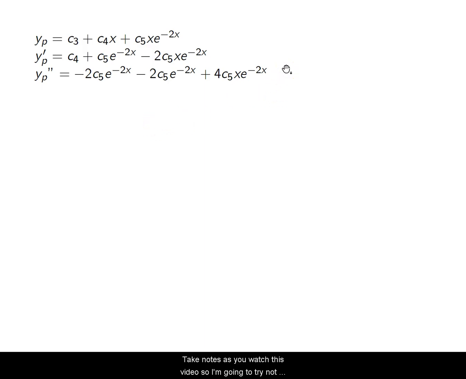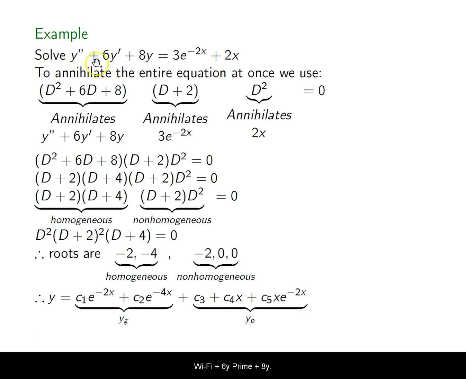I'm going to try not to go too fast. Now that I have all of my pieces, my second derivative, my first derivative, and my particular solution form, I can plug that into my equation: y double prime plus 6y prime plus 8y.